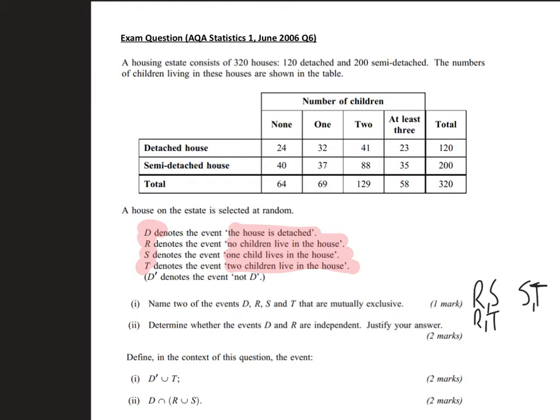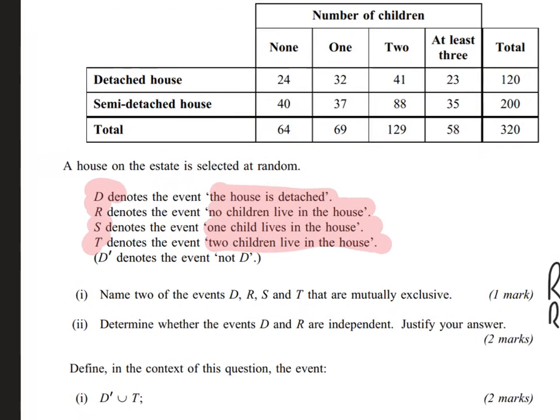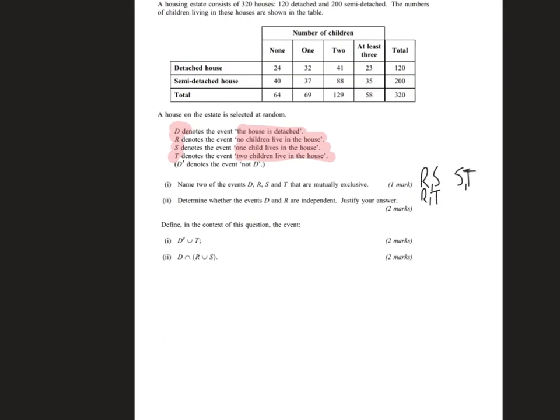Determine whether the events D and R are independent. Justify your answer. Well, if they're independent, remember that formula would work. So if independent, we would have the probability that D and R equals probability of D times probability of R. So let's check that.